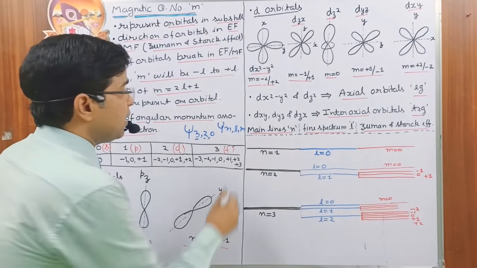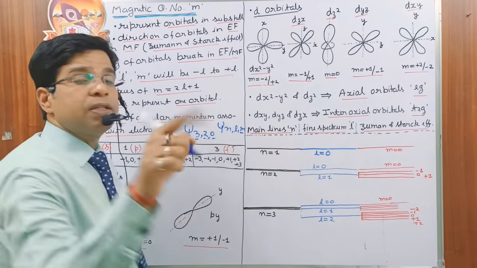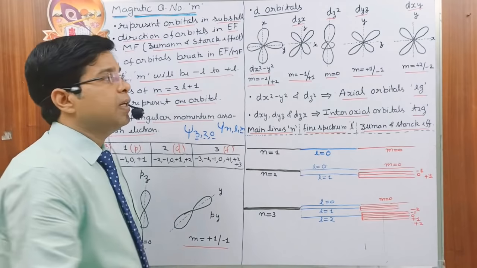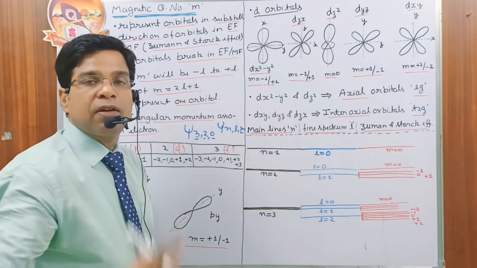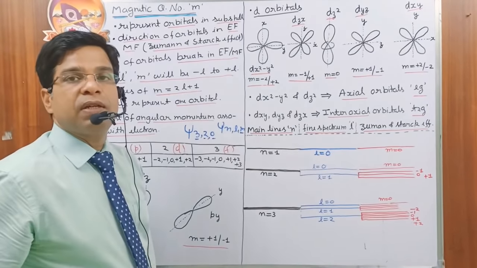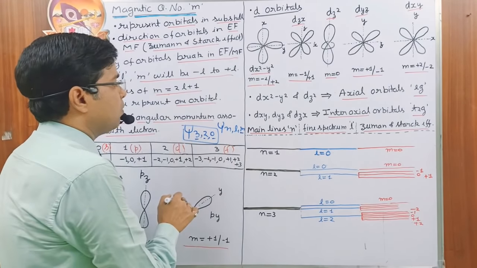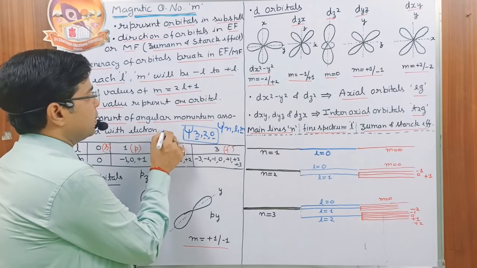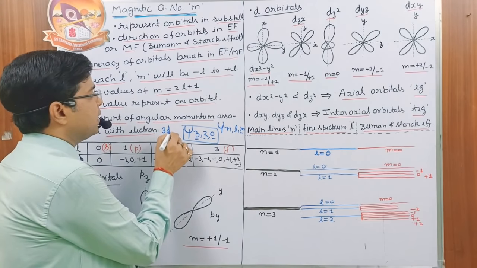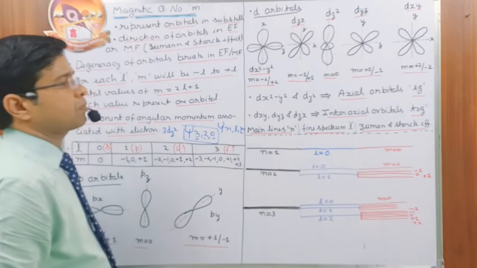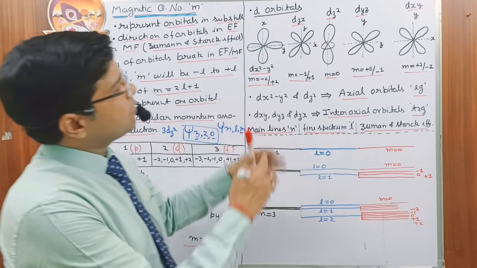In the d subshell, the value of the magnetic quantum number is 0. Which orbital is that? It is the dz² orbital, for which the value of m is equal to 0. So sigma 3, 2, 0 represents the 3z² orbital.